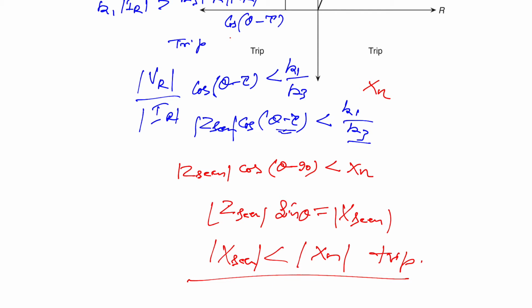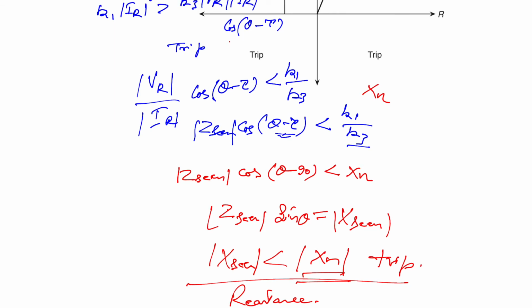What we have observed is that the relay is sensitive only to the reactive part of the impedance seen, and trips if the reactive part is less than the particular value Xn. Such a relay is known as the reactance relay because it is sensitive to the reactive part only, and the operating characteristic is a straight line with an intercept of Xn on the reactance axis.